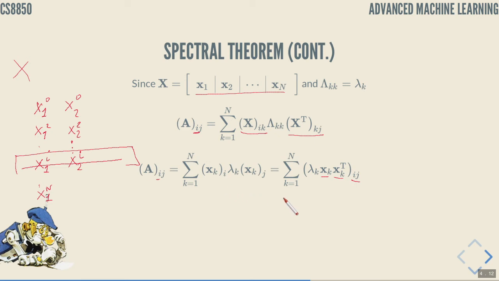But practically, and that's important, to compute this ijth element we have an outer product of the same vectors weighted by the corresponding eigenvalue, and then we take the ijth element of this outer product and sum up all of those ijth elements, because the ijth element of this matrix is exactly this expression.